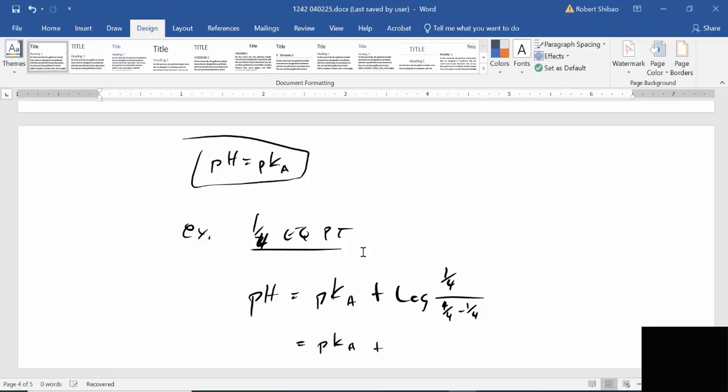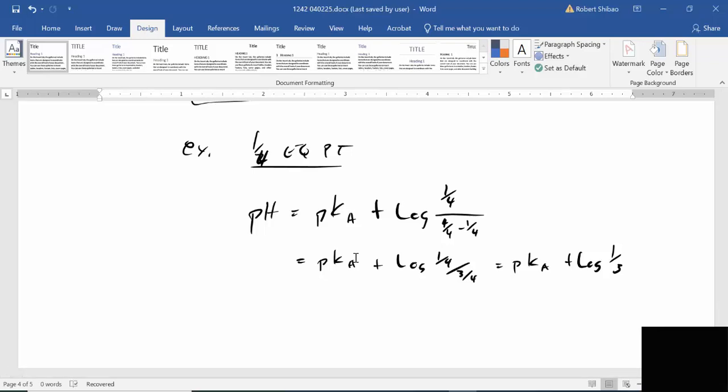So this is equal to pKa plus the log of 1/4 over 3/4, which is equal to the pKa plus the log of 1/3. Well, the log of 1/3 is minus 0.477. So at the 1/4 equivalence point, it's just equal to the pKa minus 0.477.